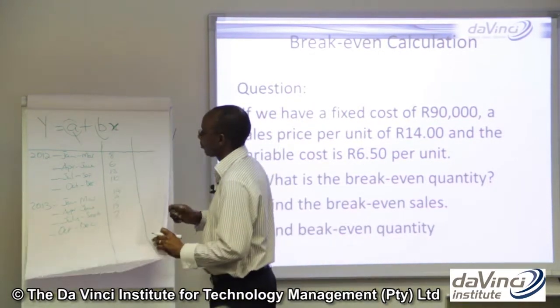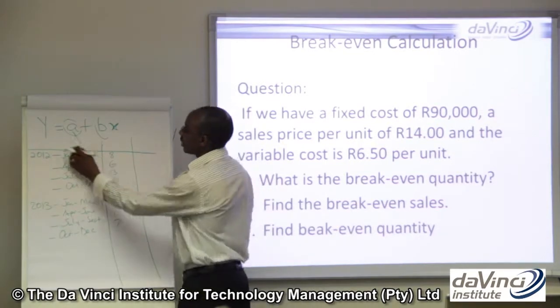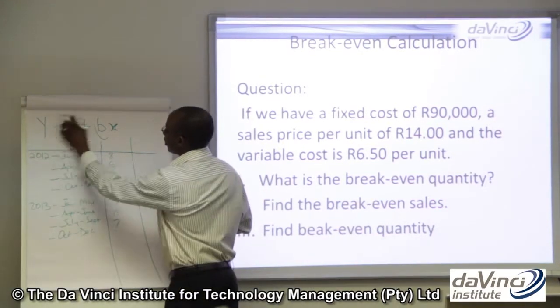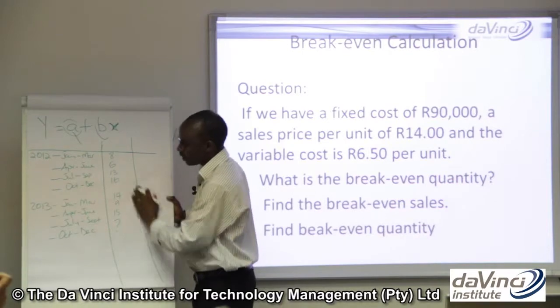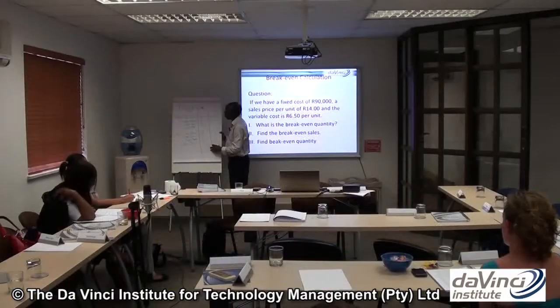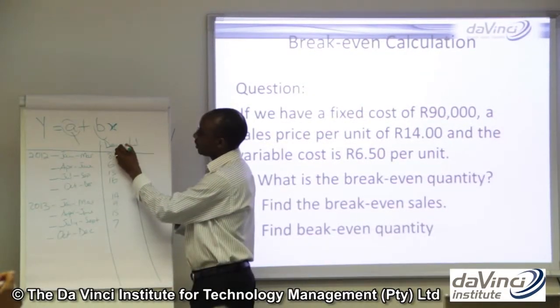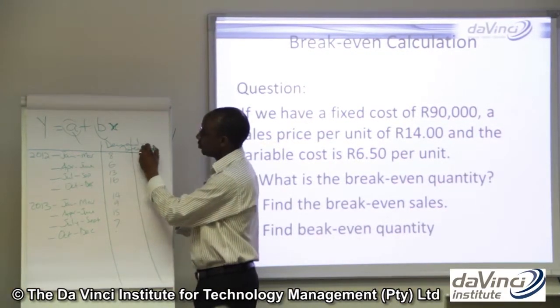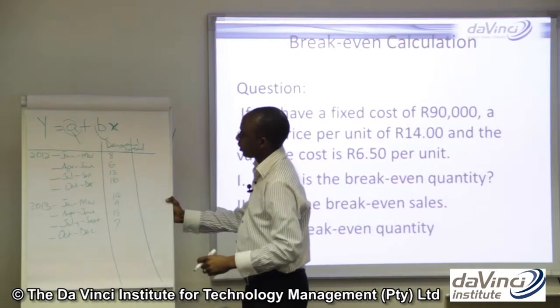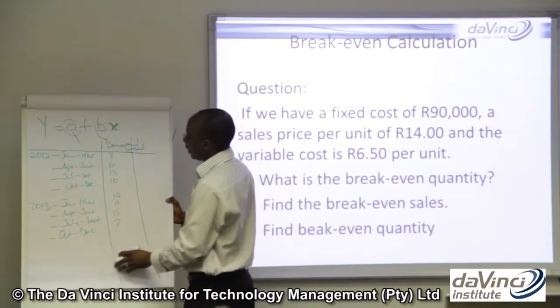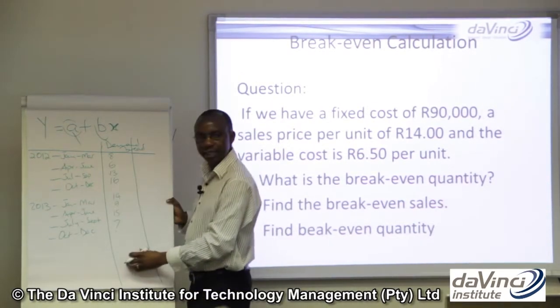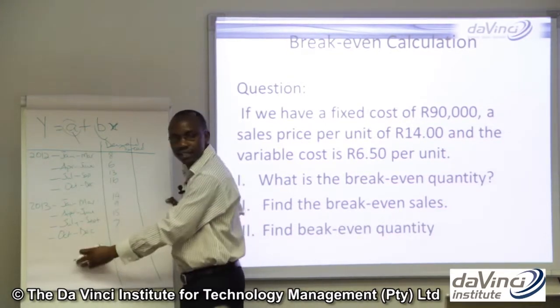Okay. So like I said here, the first thing is to represent this in the form of an equation. So this is our demand for bread. On the one hand, we've got demand this side, and then we've got time this side.